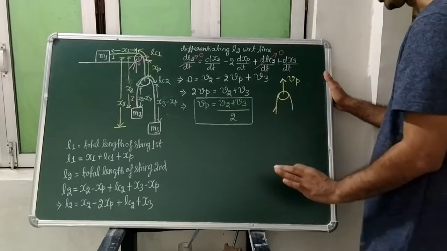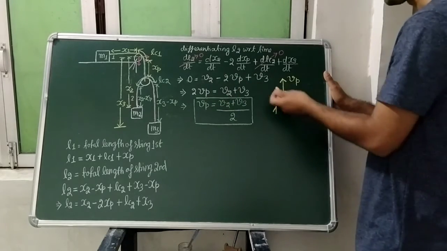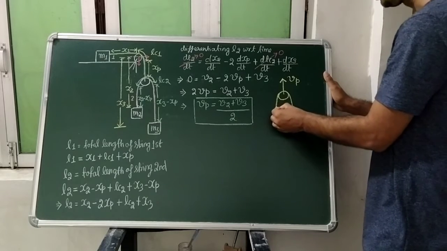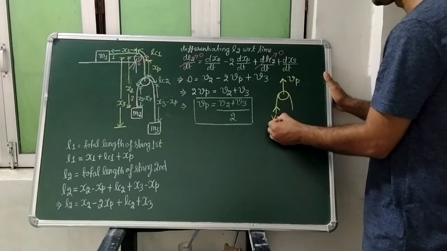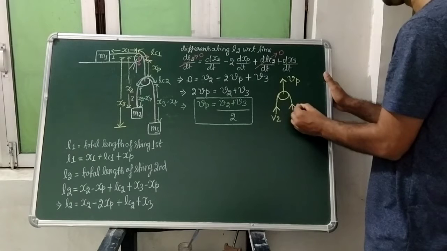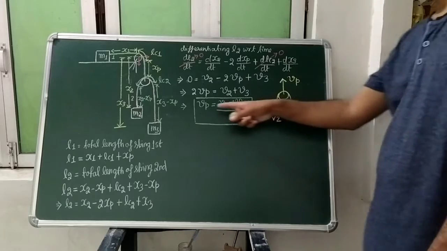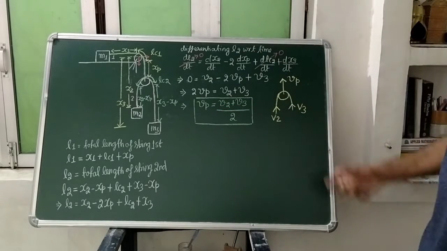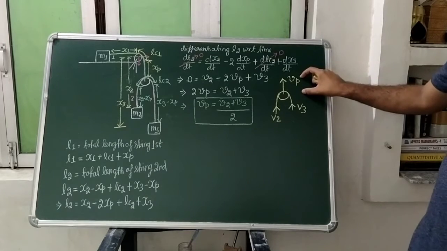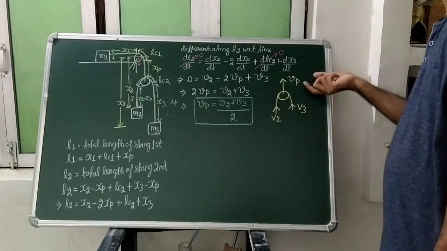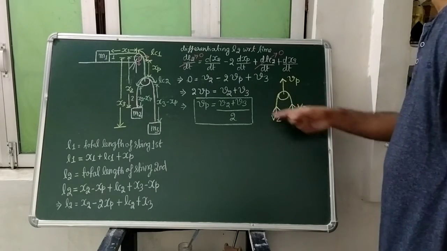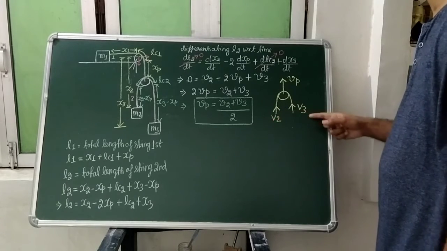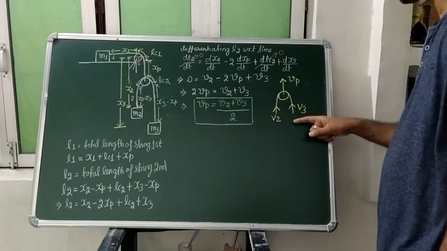Here is the v2 velocity we will get, and here we will get the v3 velocity. From here we conclude that if vp is something like this, it has some velocity in the upward direction. So our v2 and v3 should be the velocities present here, and they should also be upward.